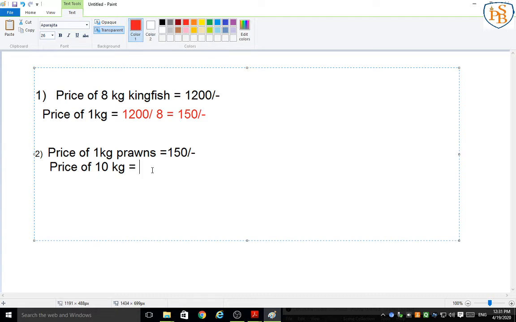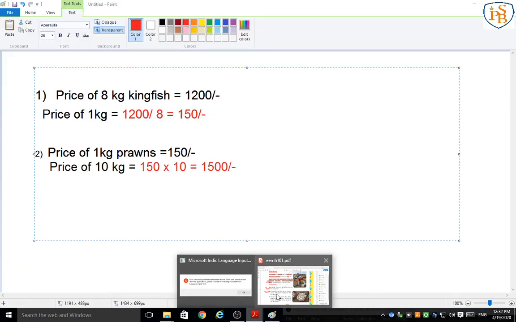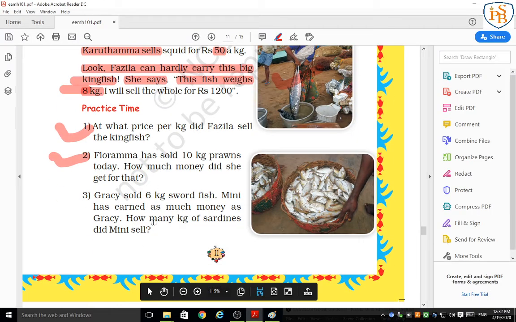Yes, very simple. 150 multiplied by 10 is equal to, correct?